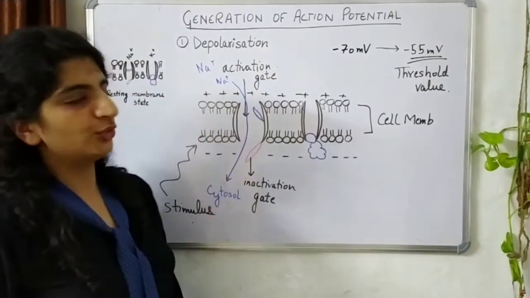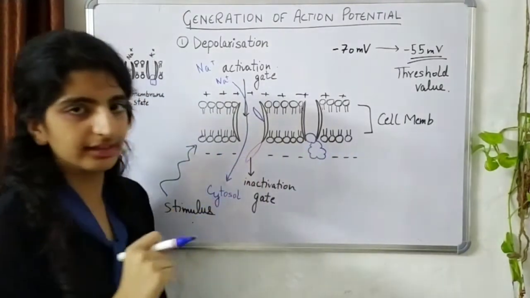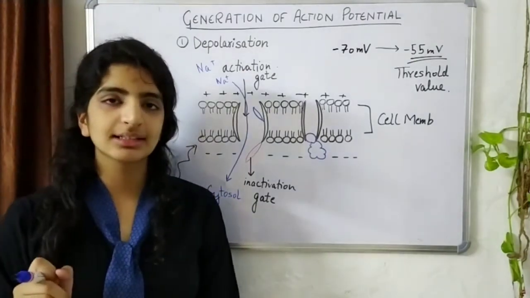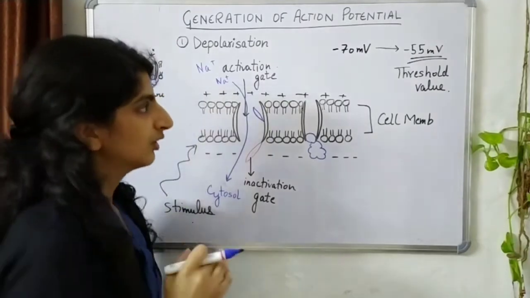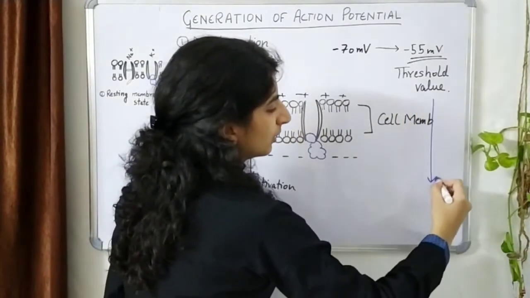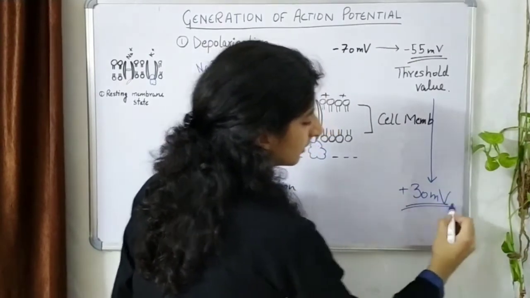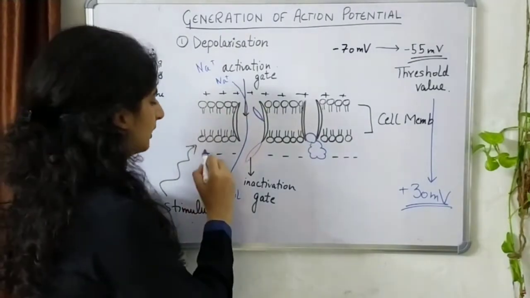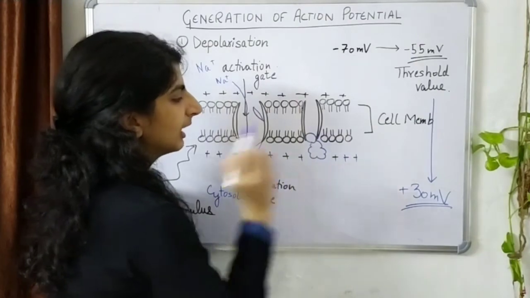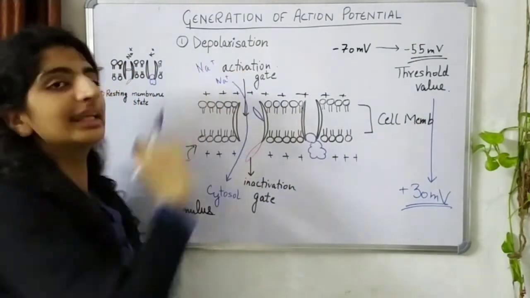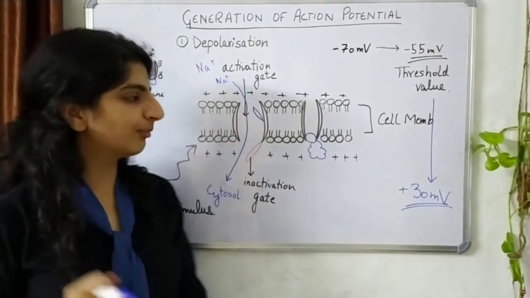As the sodium ions move in, these negative ions present here will start getting neutralized, and therefore the membrane potential will decrease further enough to reach a positive 30 millivolt of potential. These will neutralize. This is what we know as depolarization. The polarity of the membrane is decreasing to the point of positive.